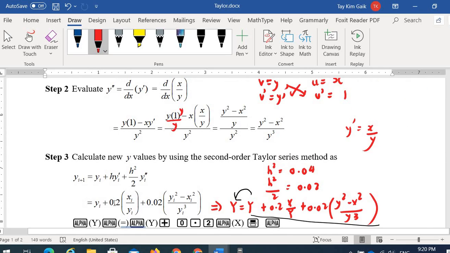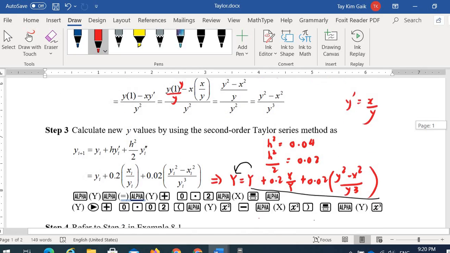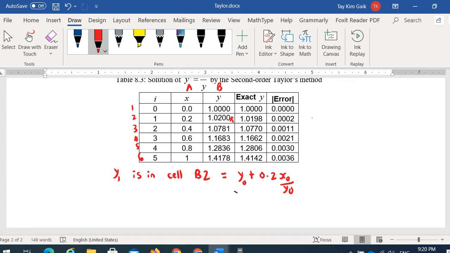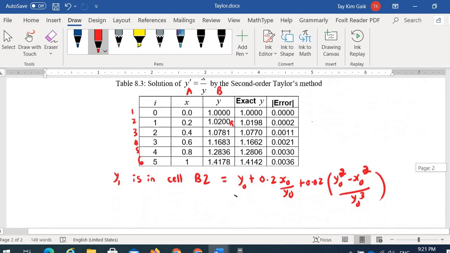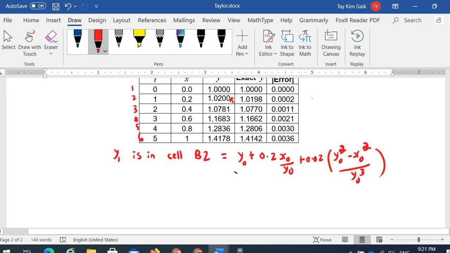Y1 is Y0 plus 0.2 times X0 divided by Y0, plus h squared over 2 times Y double prime. So plus 0.02 times Y double prime, which is Y0 cubed minus X0 cubed divided by Y0 cubed. So this is squared. To key in the formula in the spreadsheet, Y0 is actually stored in cell B1.